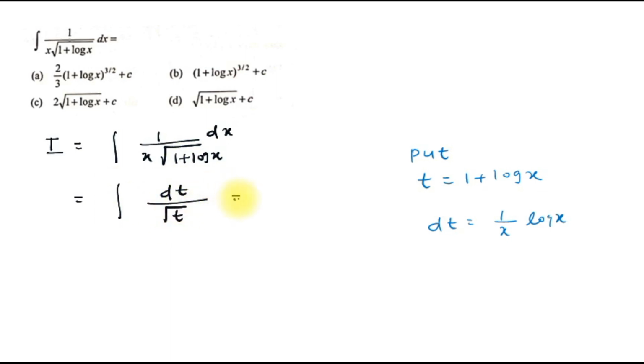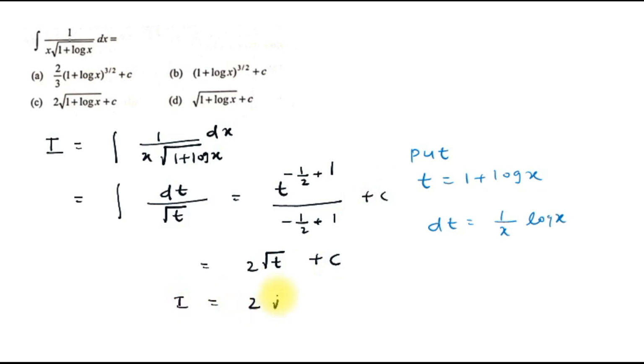So integrating this, we get t to the power minus half plus 1 divided by minus half plus 1. This becomes equal to 2 root t plus integration constant c. So putting back the value of t, we can write I is equal to 2 root of 1 plus log x plus integration constant c. So if we look at the options, option C is the correct one.